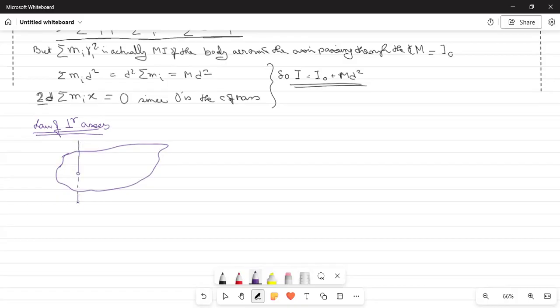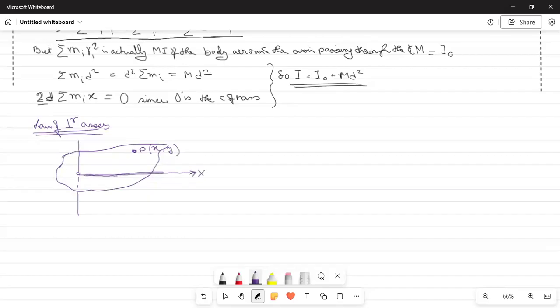This is the axis of rotation. And you have any point P on the body which has a coordinate of xy. This point P has a coordinate of xy.